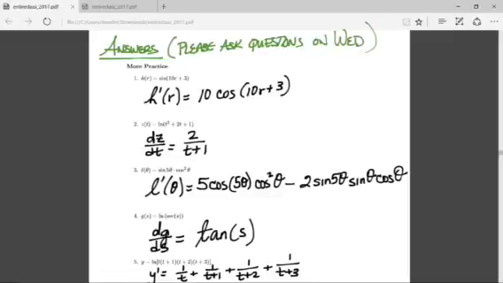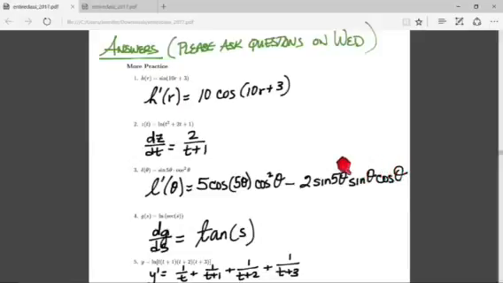Perhaps the most challenging one here was the derivative of L of theta equal to sine of 5 theta times the cosine squared of theta. This ends up being 5 cosine 5 theta times cosine squared theta minus 2 sine 5 theta sine theta cosine theta.